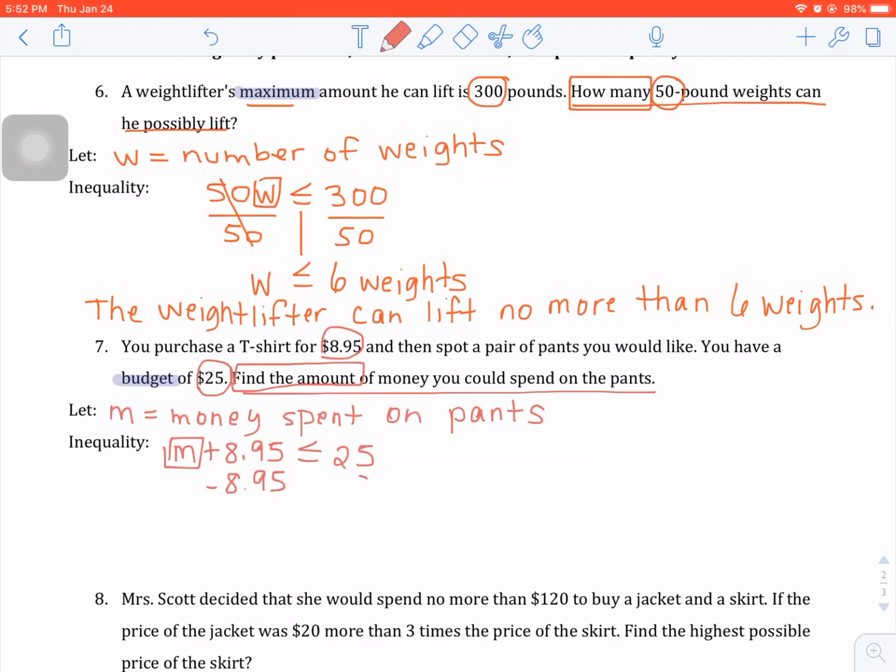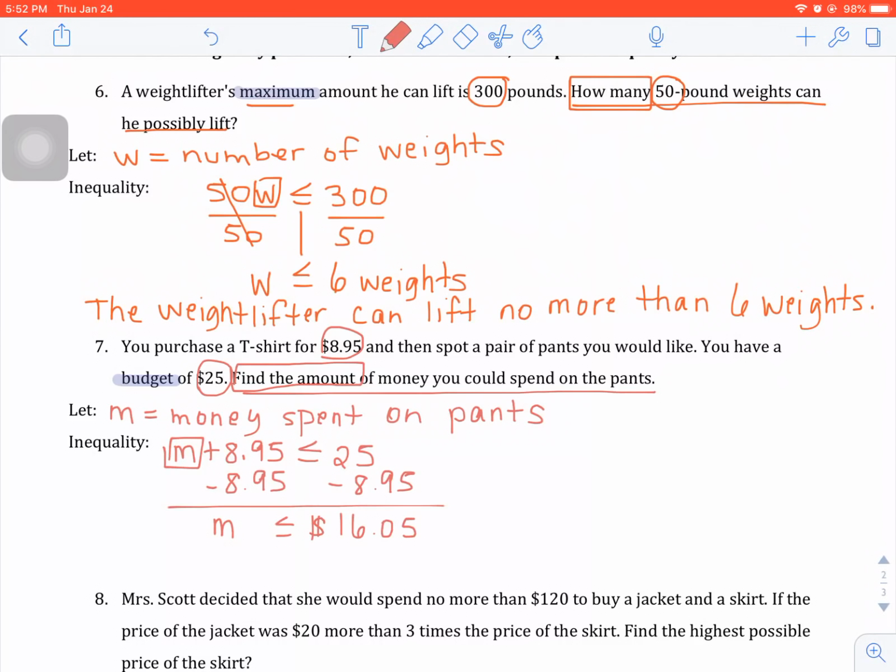What I do to one side, I must do to the other. And when I subtract $8.95, I get M is less than or equal to, and remember I'm going to include my unit, so since I'm talking about money, I'm going to put the dollar sign. And 25 minus $8.95 is $16.05.